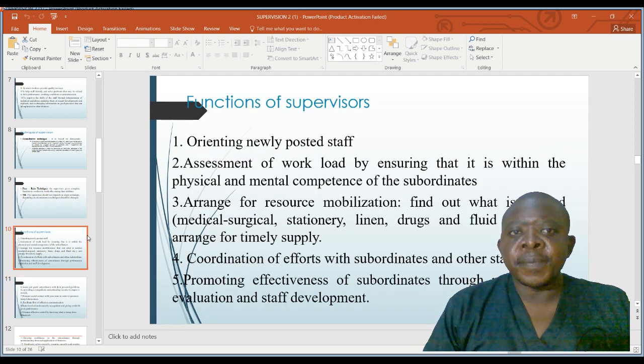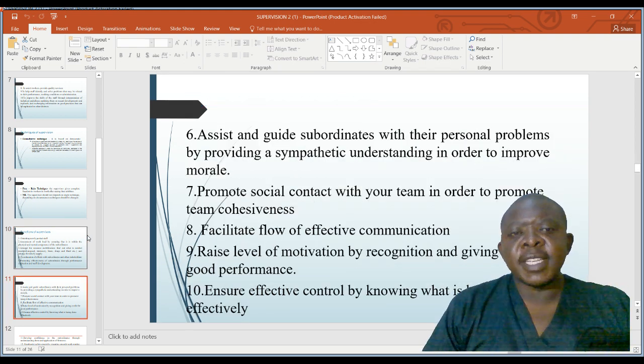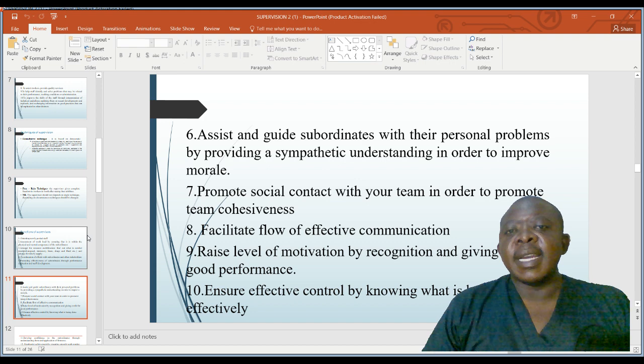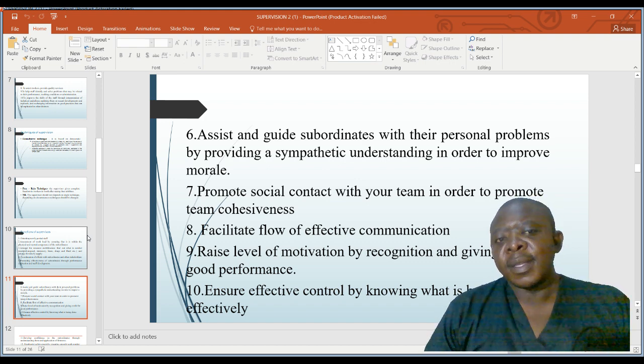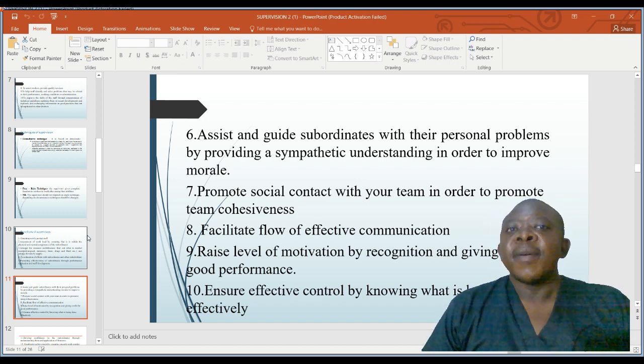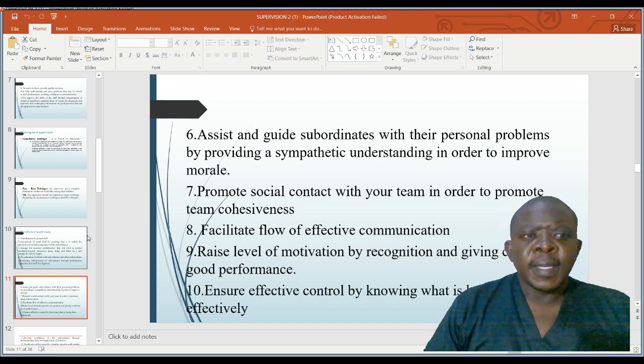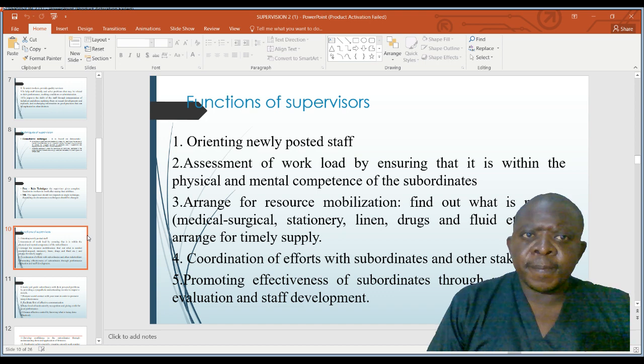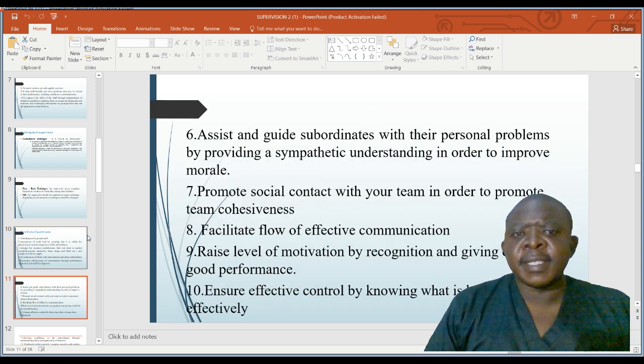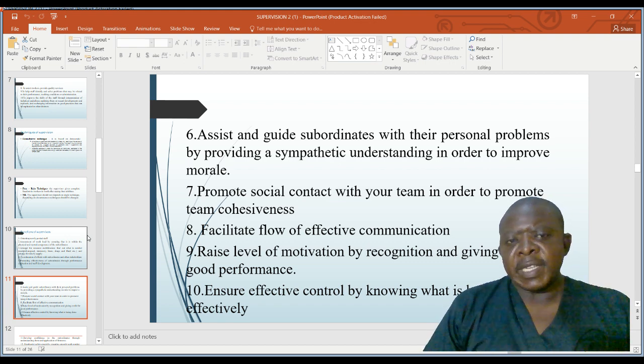The sixth function of supervisors is to assist and guide subordinates with their personal problems by providing a sympathetic understanding in order to improve morale. The seventh function of supervisors is to promote social contact with your team in order to promote team cohesiveness.